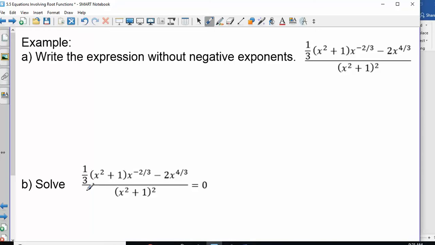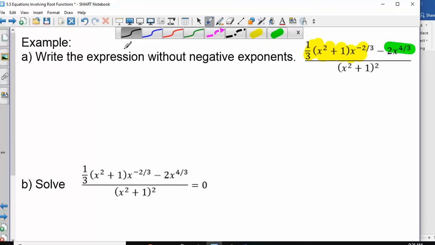First, it's a positive 4/3. Okay. We have two terms. This is a term because it's all multiplied together, and this is a second term because they're subtracted.